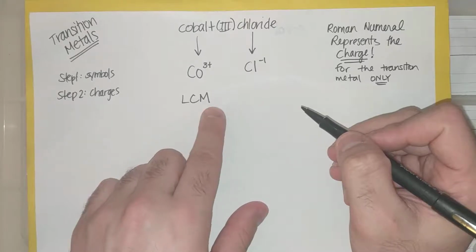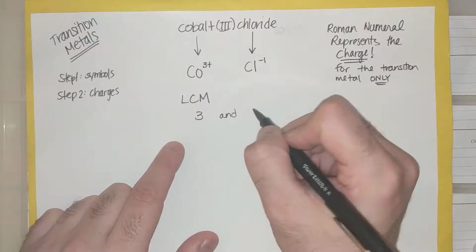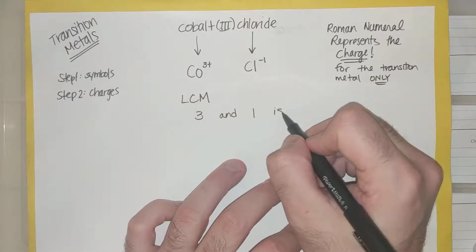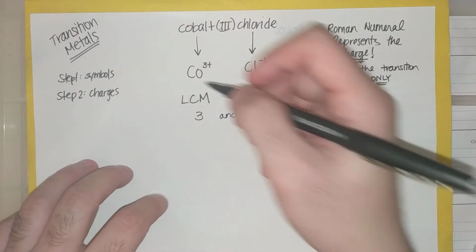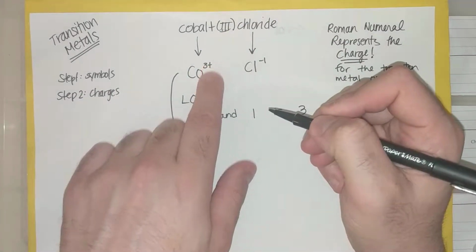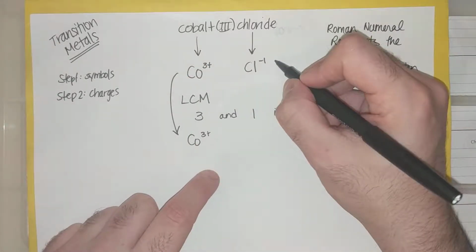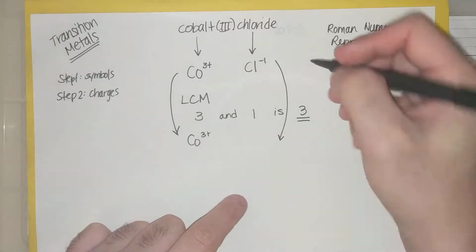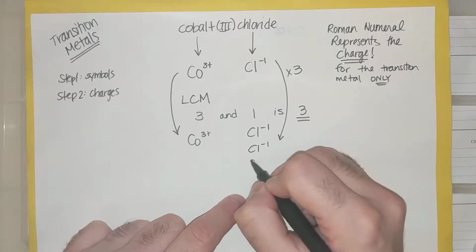LCM is least common multiple, and between 3 and 1, it is 3. So I want them both to get to 3. Well, Co is already at 3+. What do I have to do to chloride, or Cl, to get to 3? Well, I have to multiply that by 3.